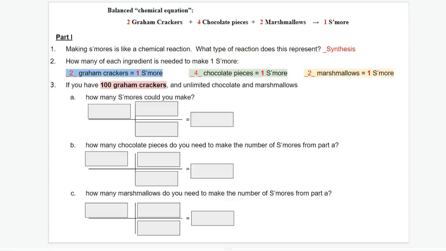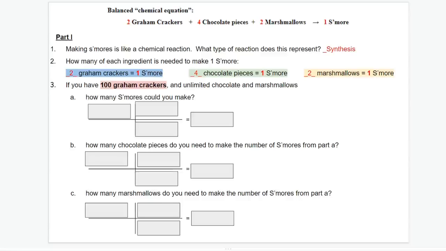We just made 3 equivalency statements. We use the information in the chemical equation to fill out these equivalencies. Notice, whatever number was the coefficient became the amount or the value in that equivalency statement. When I have a balanced reaction, those coefficients make my molar ratio, they make my equivalency statements.